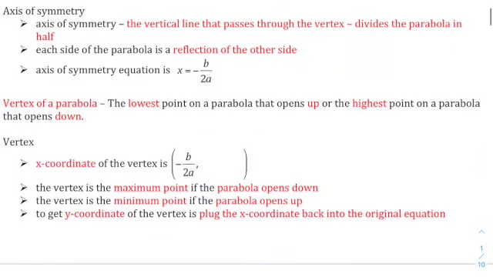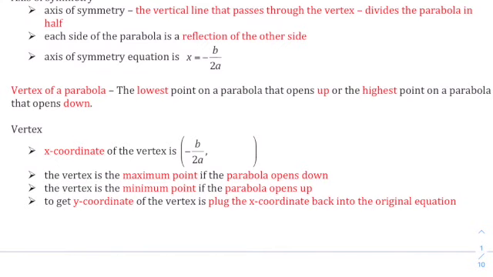There's a formula again from before. The x coordinate of the vertex is negative b over 2a, and that's only the x coordinate. The vertex is the maximum point if the parabola opens down, and the minimum point if the parabola opens up. I want you to understand that, because eventually we're going to use that information a lot for word problems.